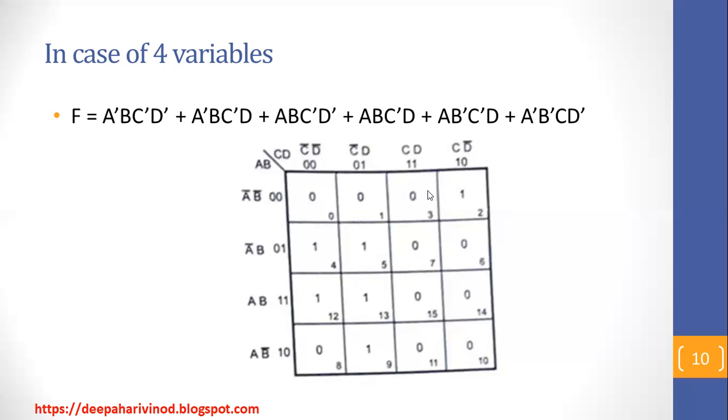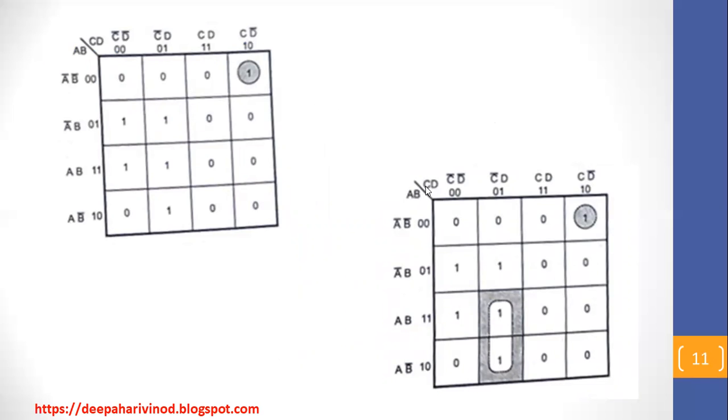So here, all the terms of the function have been mapped into the K-map. Now let me tell you how to group this. Check this one. It doesn't have any adjacent ones, isn't it? All the adjacent cells are filled with zeros. Here also it is 0. This one 0.